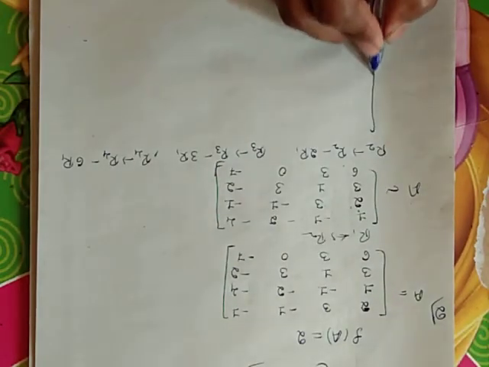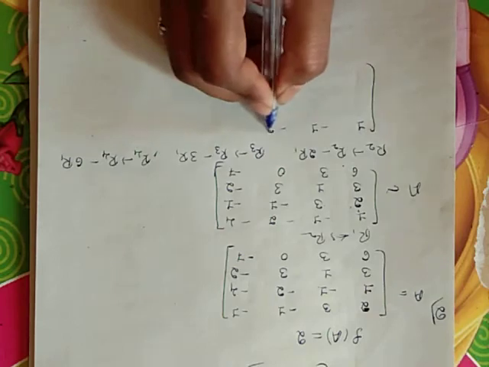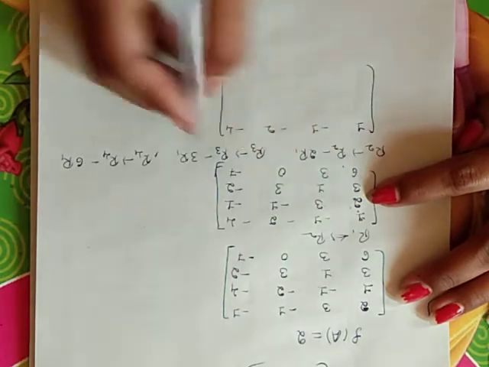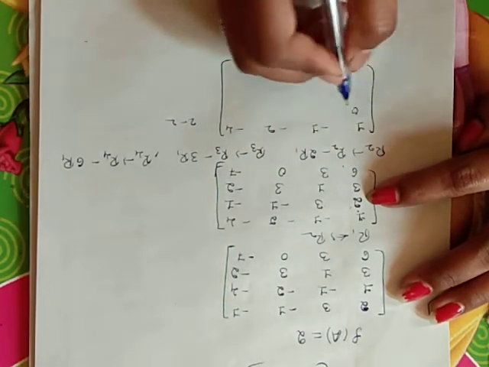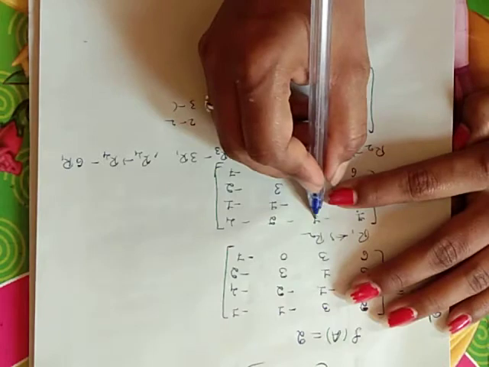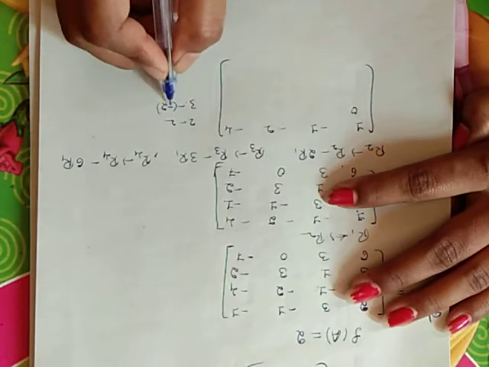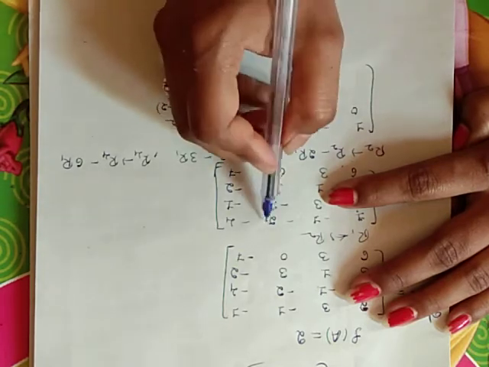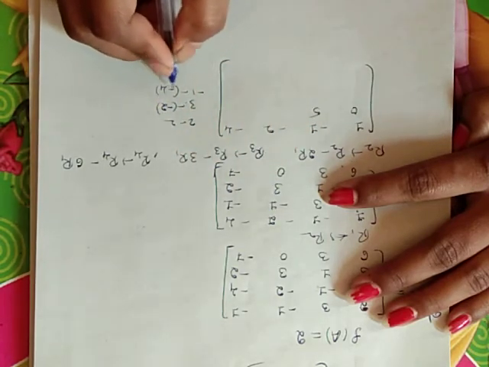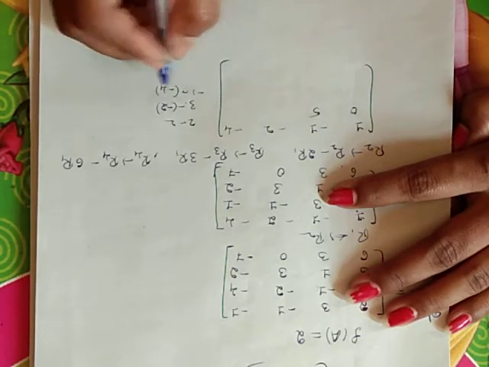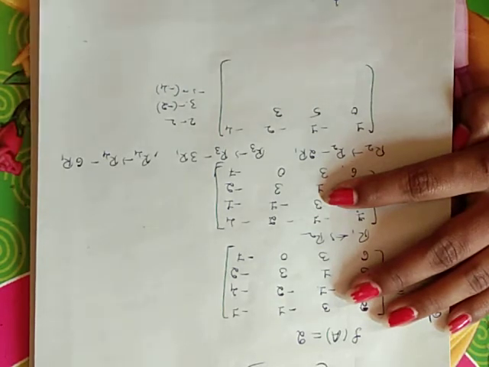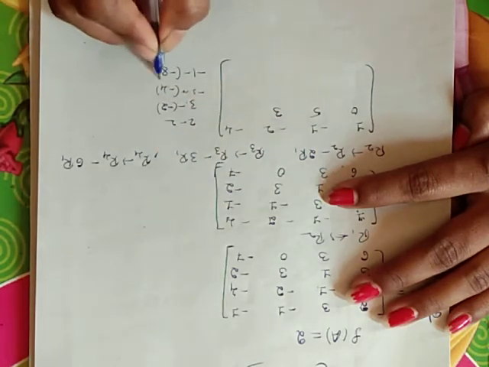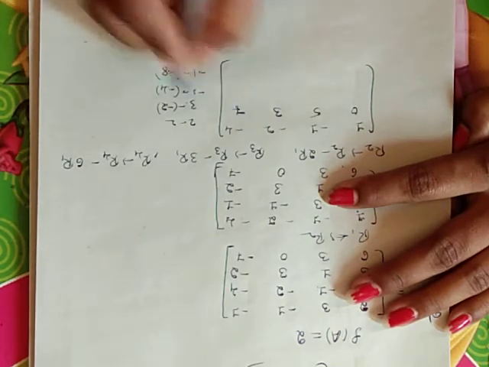Now the matrix is equivalent to, keeping the first row as it is, 2 minus 2 is 0, 3 minus 2 into minus 1, that is 3 plus 2, 5. Minus 1 minus 2 into minus 2, that is minus 1 plus 4, 3. Minus 1 minus 2 into minus 4, minus 1 plus 8, 7.